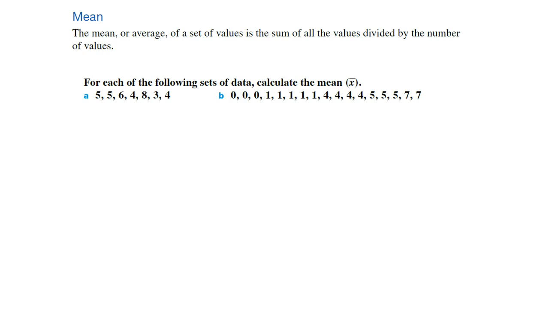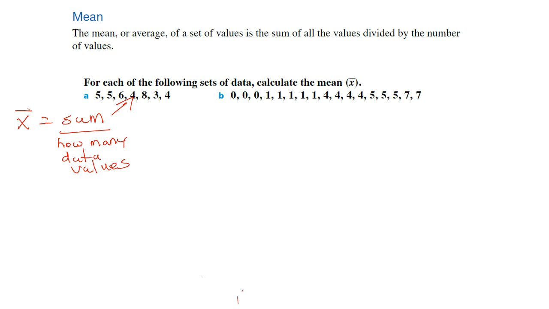So the mean, let's call it X bar for now, is going to be the sum of those numbers divided by how many data values. You're going to have to do it for both A and B here. So I'm going to get you to go away and calculate it, see what you can get, and then I'll come back and give you the answers.